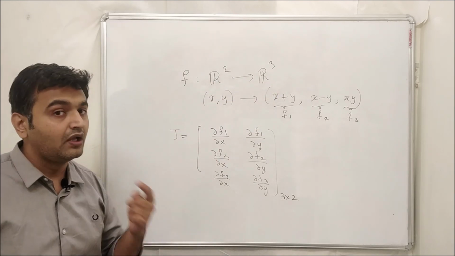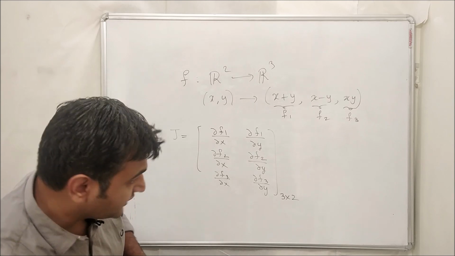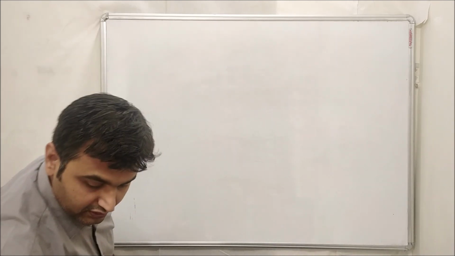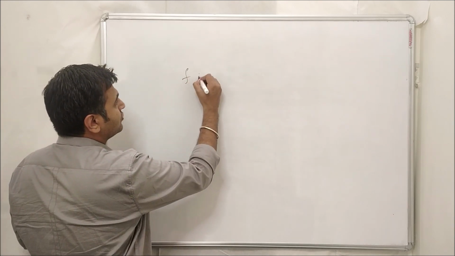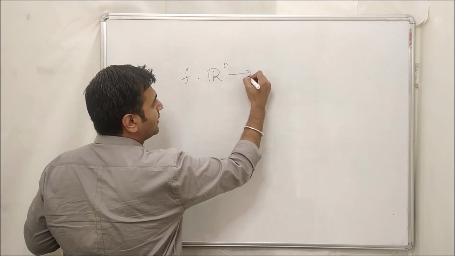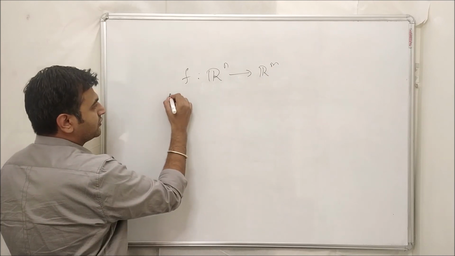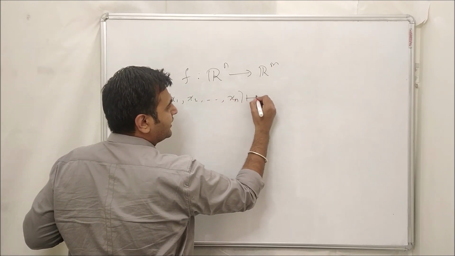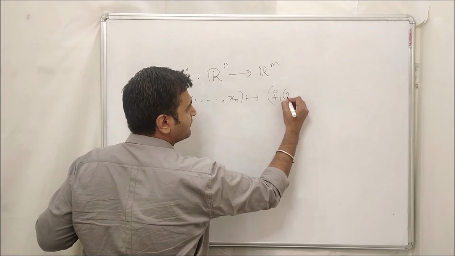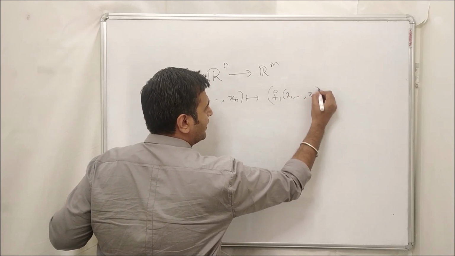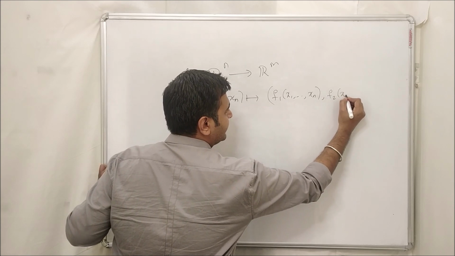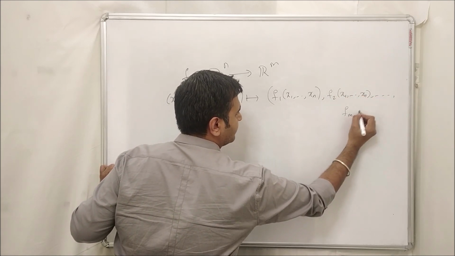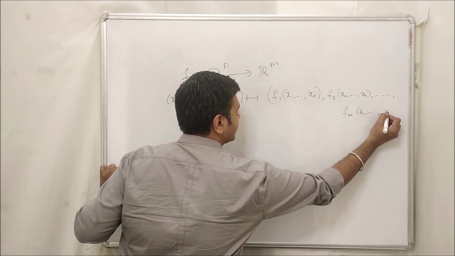In general, if you have a function from n dimensional space to m dimensional space, Rn to Rm, with x1, x2 up to xn, the first function is in terms of x1 to xn, the second function is again in terms of x1 to xn, then third, fourth, up to the mth function, all in x1 to xn.